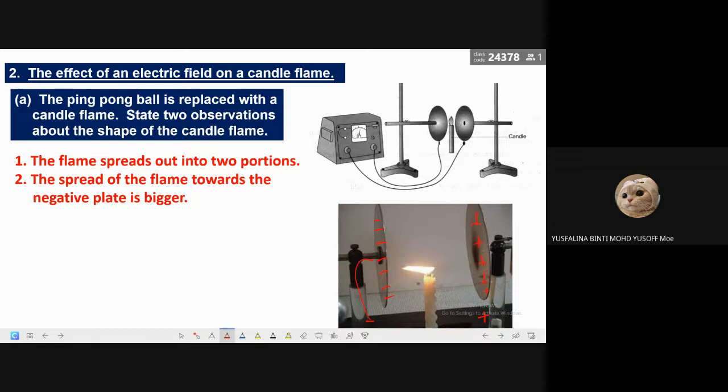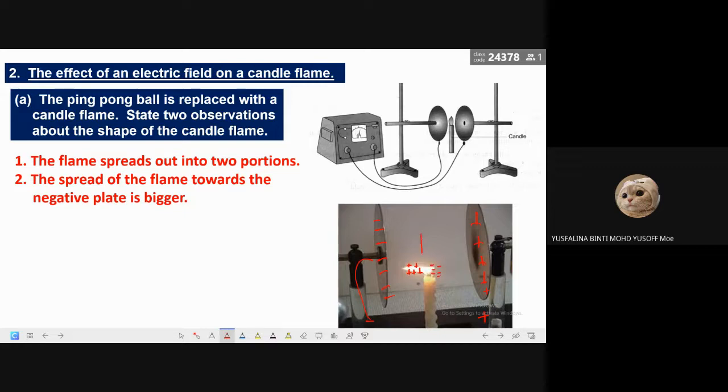Actually, inside the flame of the candle there are also charges, right? So what happens here? You already know the negative will attract the positive, correct? So the positive charge will be here, and the positive will attract the negative, so the negative charge will be here.